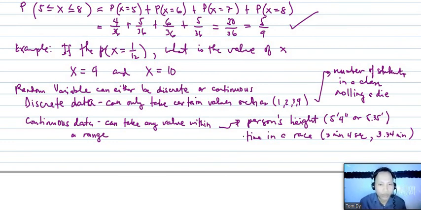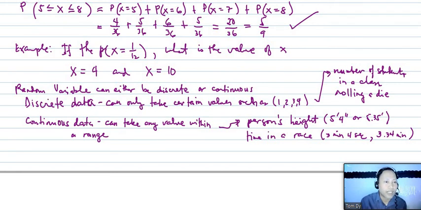And for continuous data, for example a person's height, 5 feet 4 inches or 5.35 feet. So these are the differences between discrete data and continuous data.